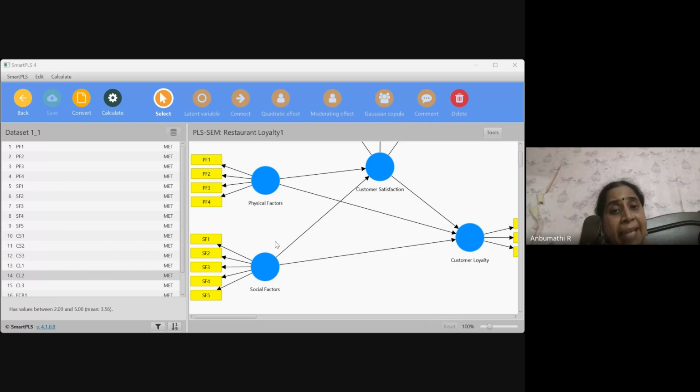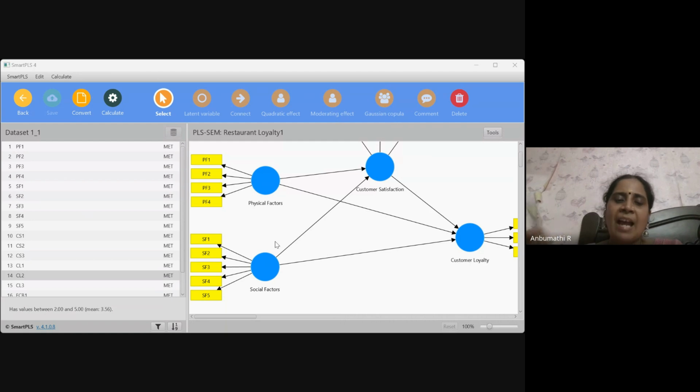But in case of the structural model or SmartPLS, for example, you have a bigger question like, are you satisfied with the lighting of the store? You should not have the question in your data set.